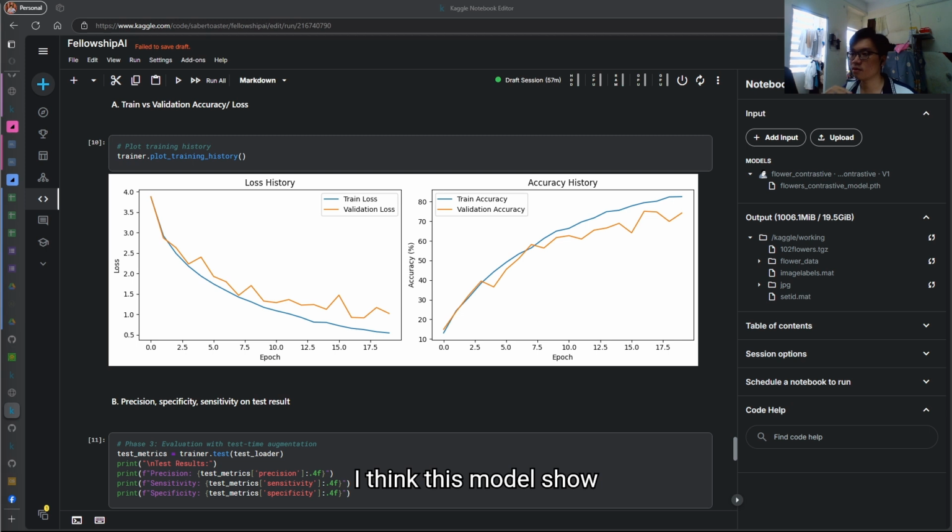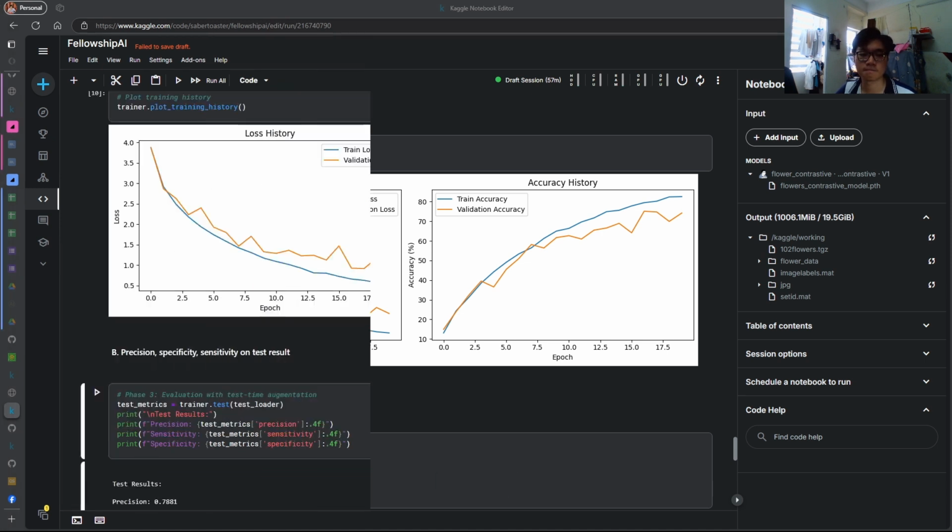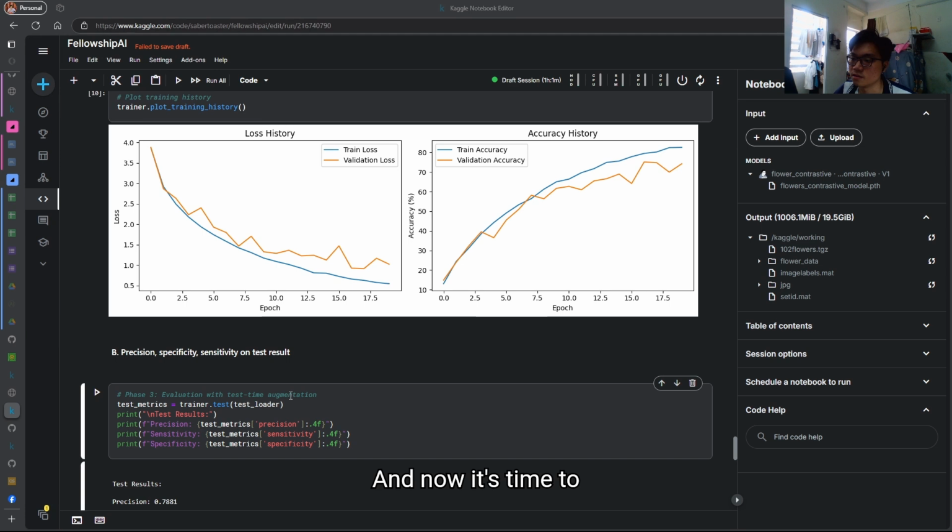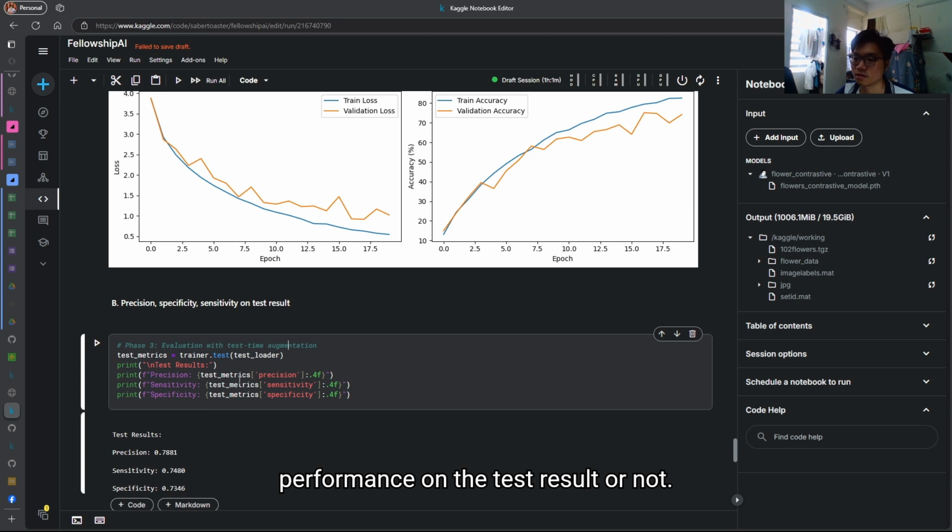I think this model shows good learning overall, but still has room for more optimization in terms of generalization and stability. And it's time to measure specific metrics on the test results to determine whether this model has decent performance on the test set or not.